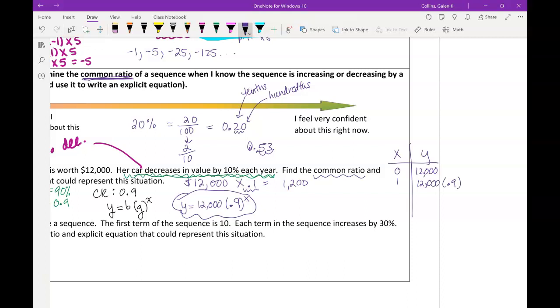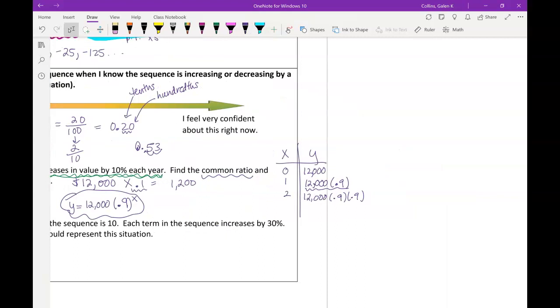And whatever that number is, and I'm not even calculating it, the next year, whatever that value is gets multiplied by 0.9 again.